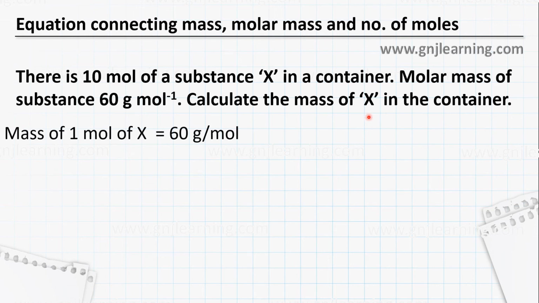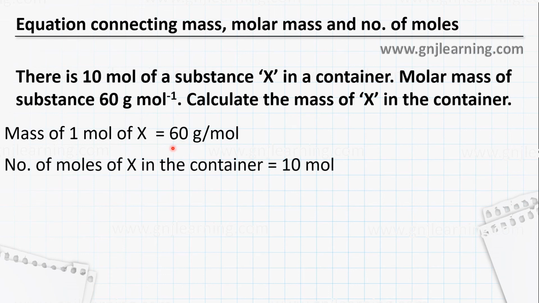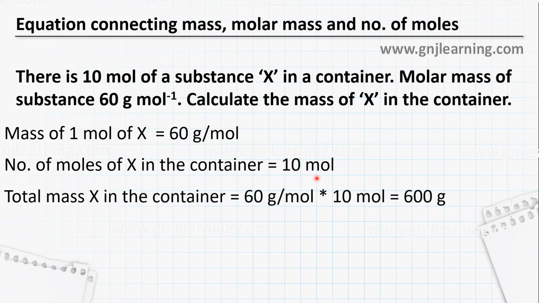So the mass of 1 mole is its molar mass, that is 60 gram. And the number of moles of X in the container is equal to 10 moles. So you just simply multiply that. Mass of 1 mole into 10 will be equal to 600 grams. So how did we get this? This is called molar mass, isn't it? And this is the number of moles.